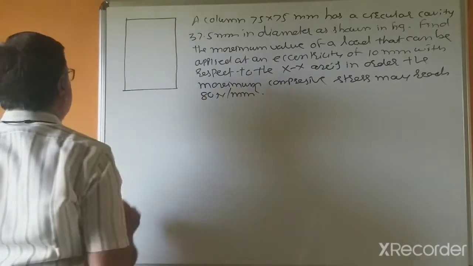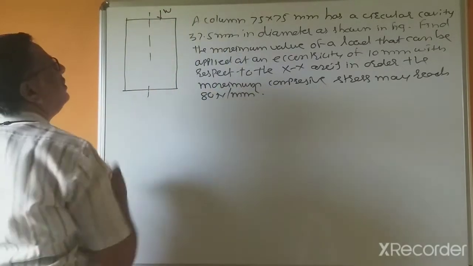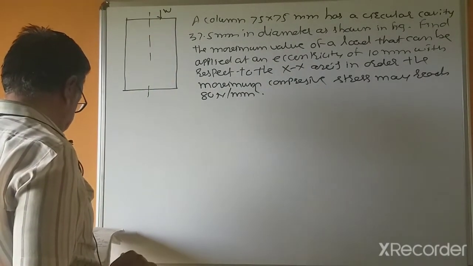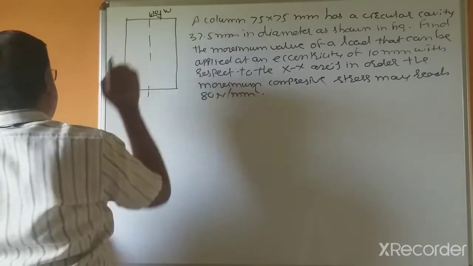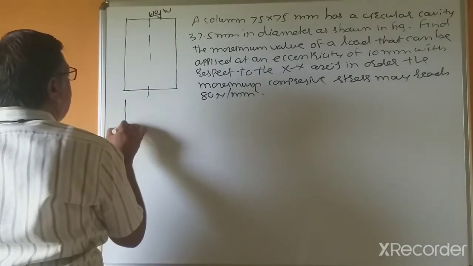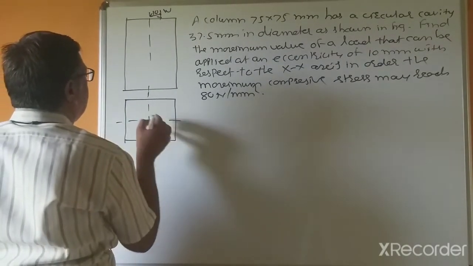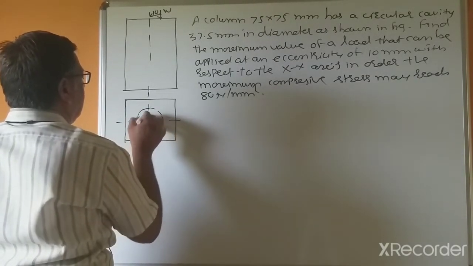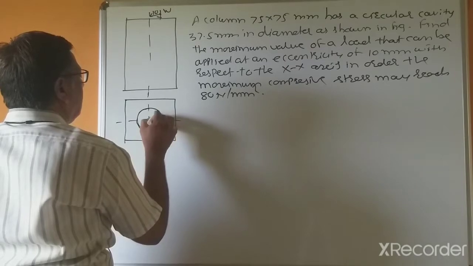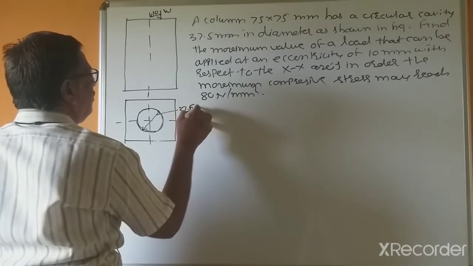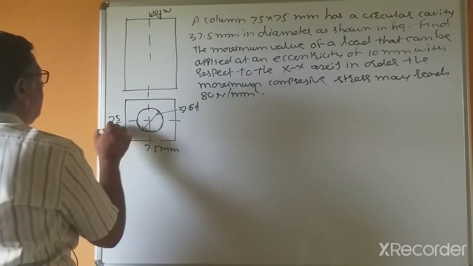So such type of columns, rectangular columns, this load W is to be calculated, eccentricity 10 mm, and this is the cavity having diameter 37.5, and this is 75 mm and this is 75 mm.